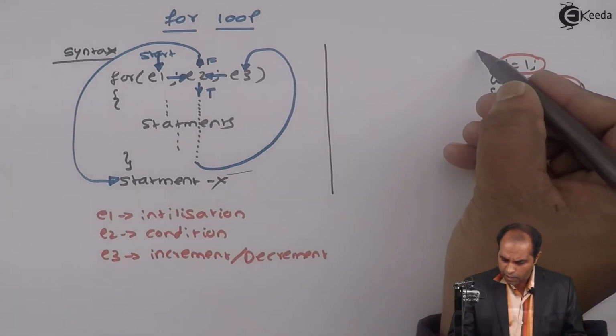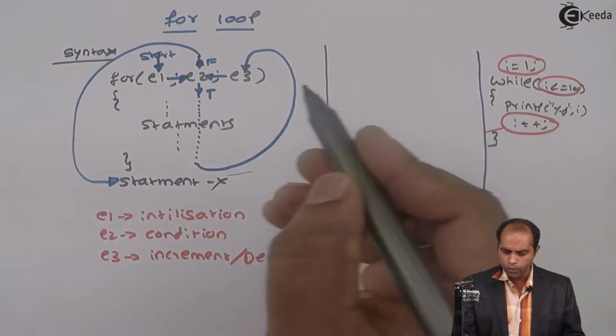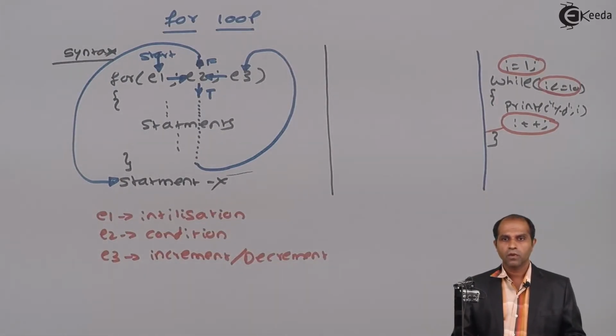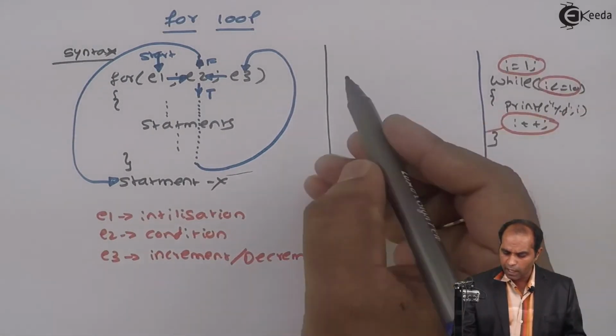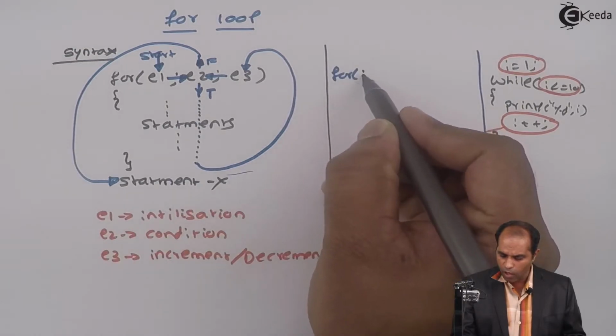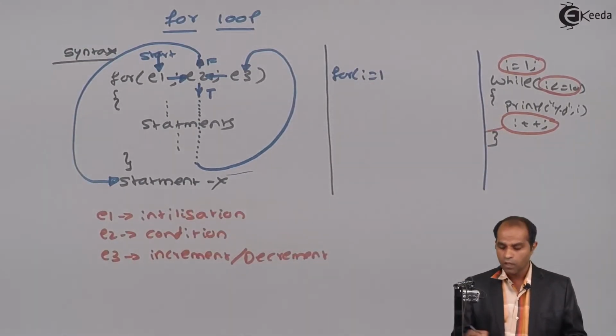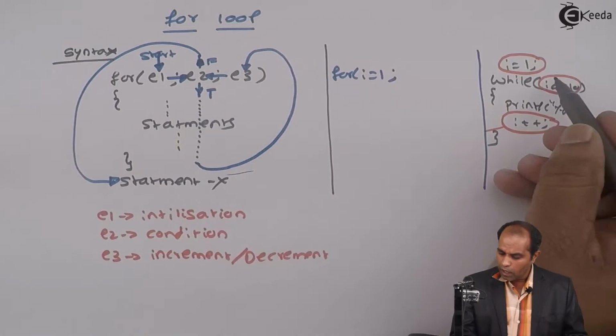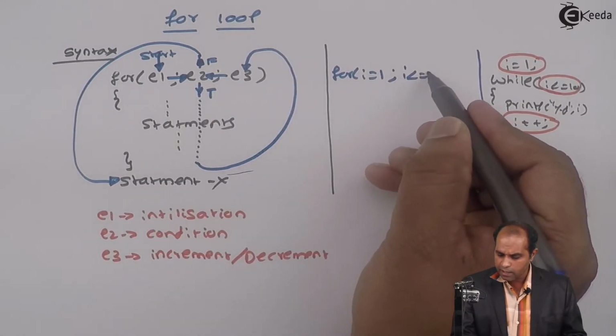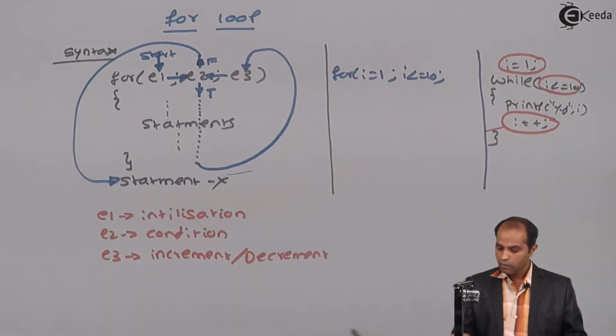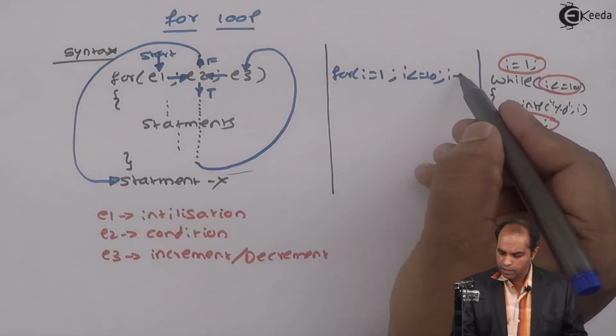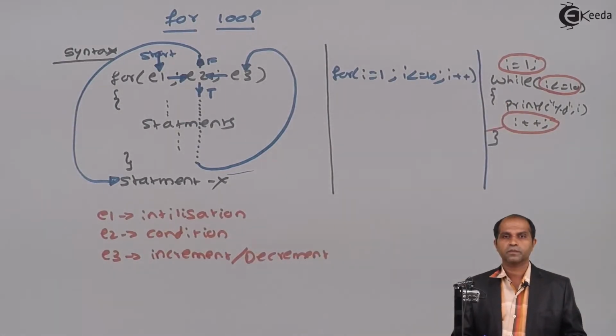Now let's try and work with the same while loop using this for loop. You said i equal to 1 as an initialization, so I'll say for i equals 1. I'll place a semicolon. i less than or equal to 10 is a condition, so I'll say i less than or equal to 10, semicolon. i plus plus is one more expression, so I'll say i plus plus.